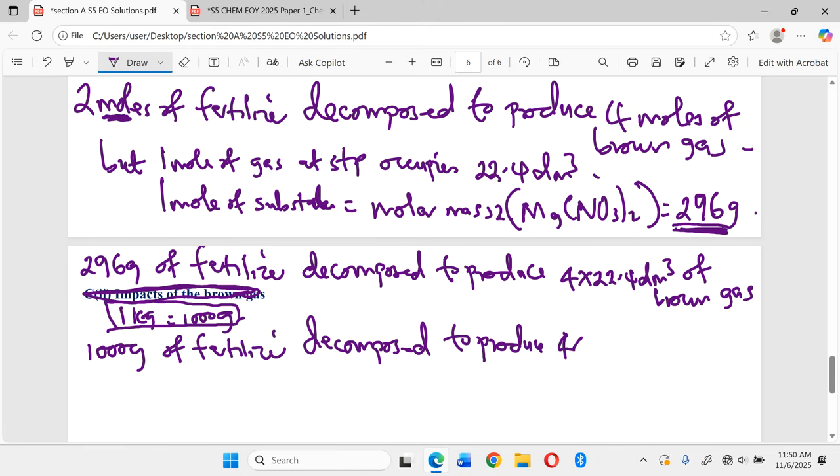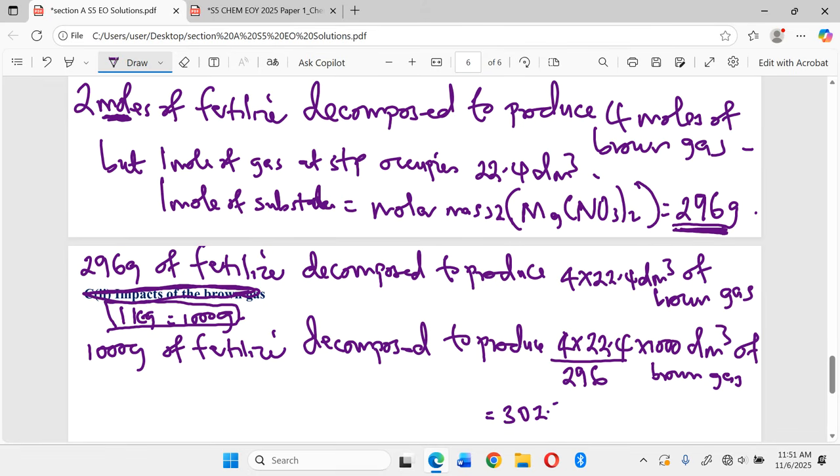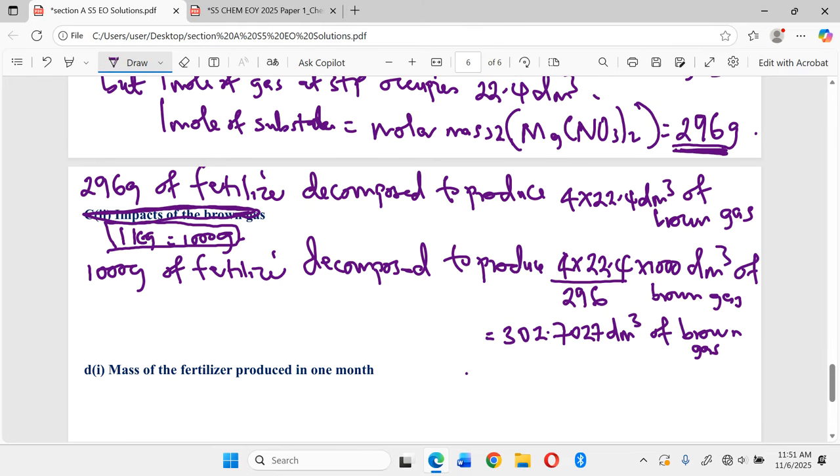It will be 4 times 22.4 divided by 296 times 1,000 decimeter cubed of brown gas, and our answer becomes 302.7027 decimeter cubed of brown gas.